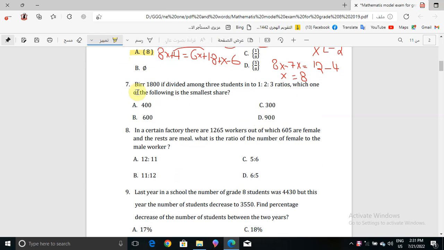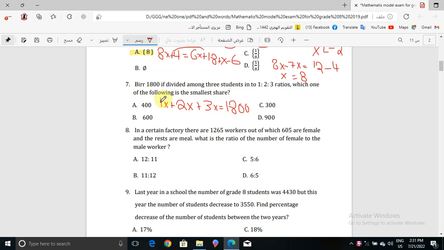Okay, now in number 7, 1800 is divided amongst 3 students in the ratio 1:2:3. Which one of the following is the smallest share? What we will do here is put x with every ratio. That means 1x plus 2x plus 3x is equal to 1800.